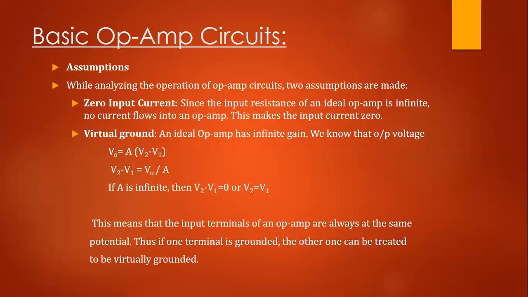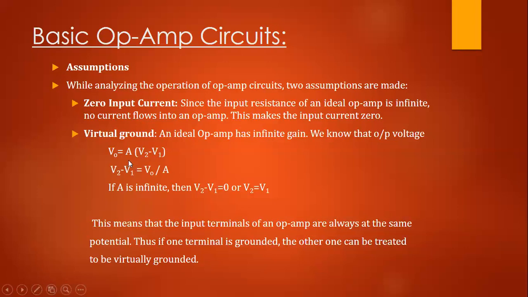Virtual ground. We know that ideal op-amp has infinite gain, right? And the output voltage V naught is equal to the gain times the difference between the two input voltages, that is A into V2 minus V1.